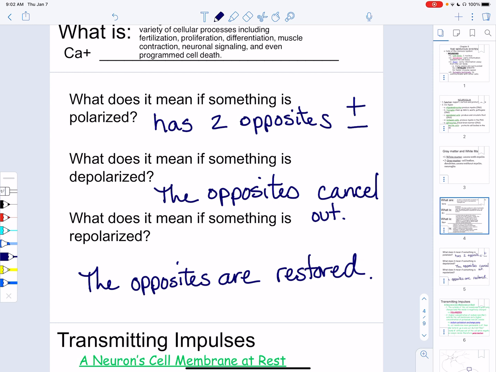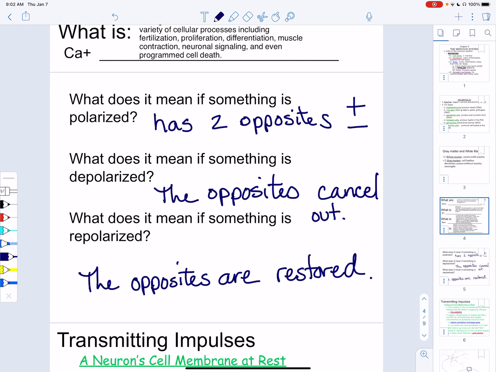I started talking about dance partners when I was explaining how the electrons and the protons are like dance partners, and whoever's left out, if there's any left over in the dance party, that is the charge of the atom. These ions are going to end up balancing out at some point, removing the positive and the negative, and that's what we mean by depolarized. And then repolarized is when the opposites are restored.